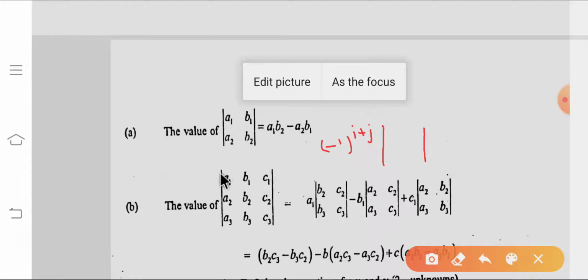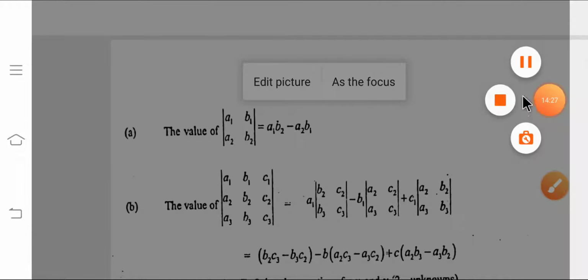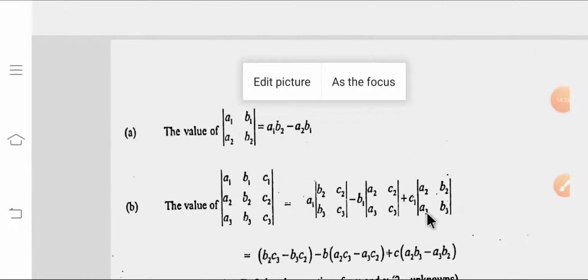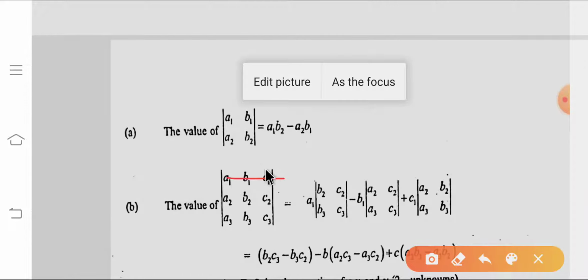That is, for the element we are expanding, minus 1 raised to I plus j. This is A1, minus B1 into the determinant of A2 C2 A3 C3. For B1, we neglect that row and column, and the remaining elements we write in determinant form A2 C2 A3 C3, plus C1 into the determinant of A2 B2 A3 B3 after neglecting that row and column.